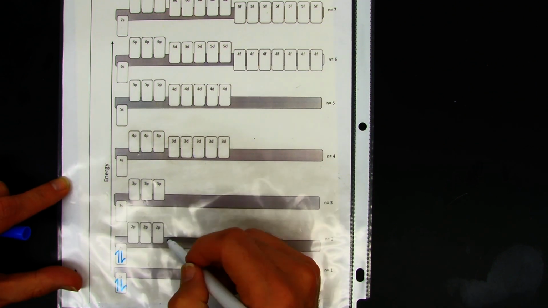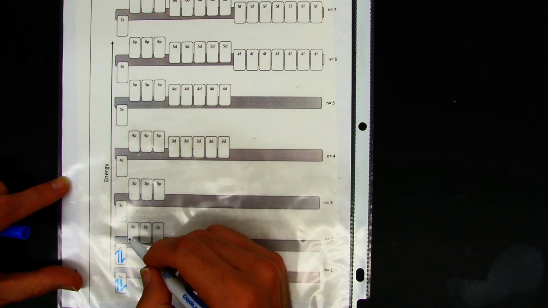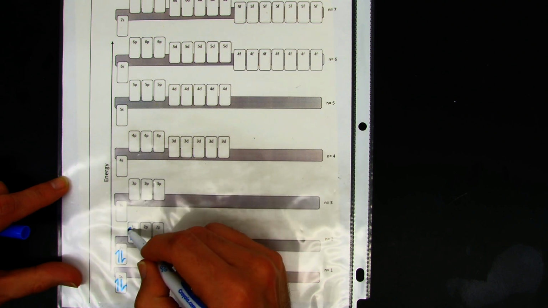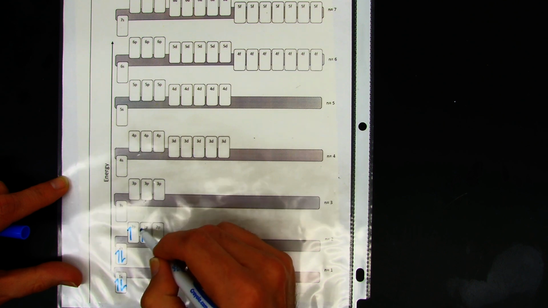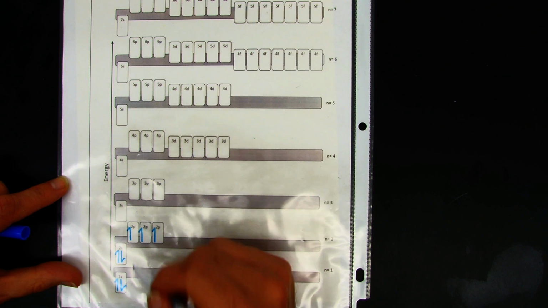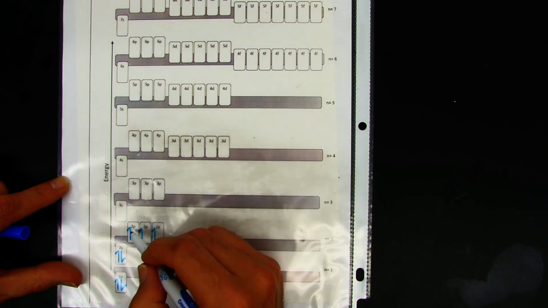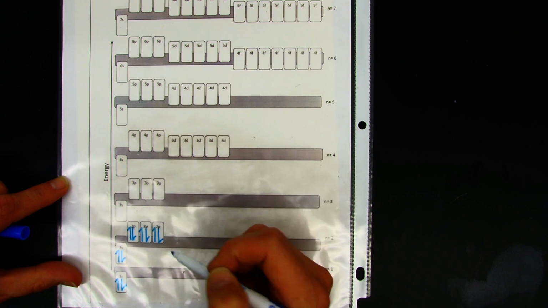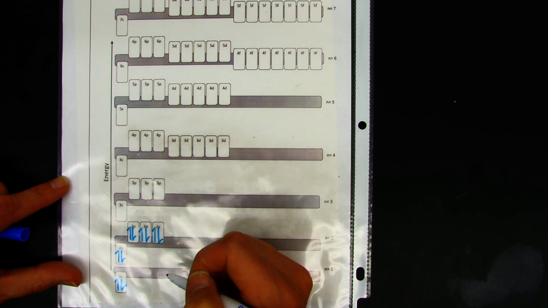We're at the 2p sublevel, so we fill in following Hund's rule. Remember, 1 electron at a time, same spin: spin up, spin up, spin up. So far this is 7. We have 15, so we have to pair them up: spin down, spin down, spin down. Now we have 10 electrons. We have 5 more to go.